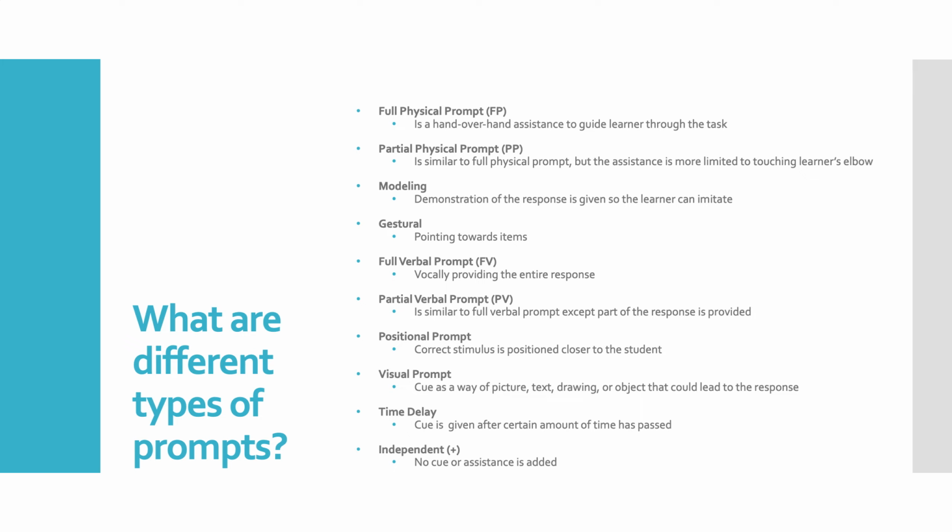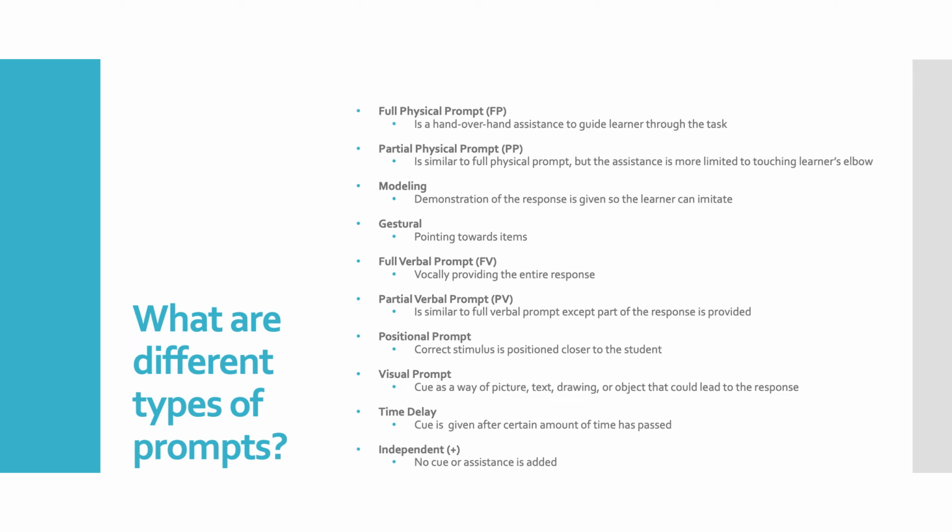Then we have partial verbal prompt, or PV, which is similar to full verbal prompt except part of the response is provided. So for instance, if your SD is, what does a cat say? A full verbal prompt would be "meow."